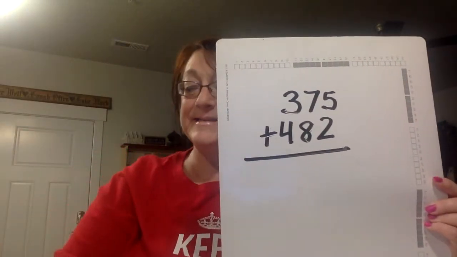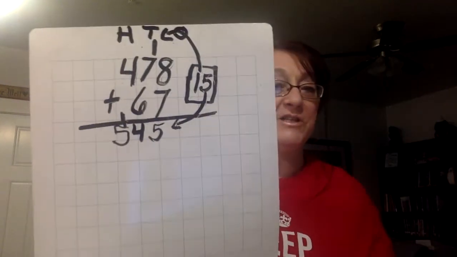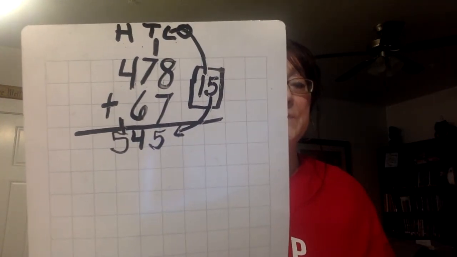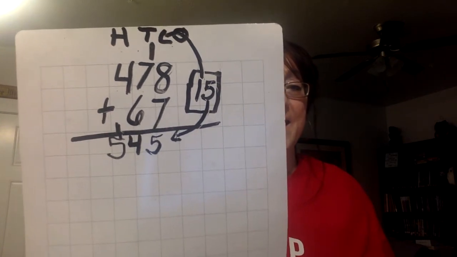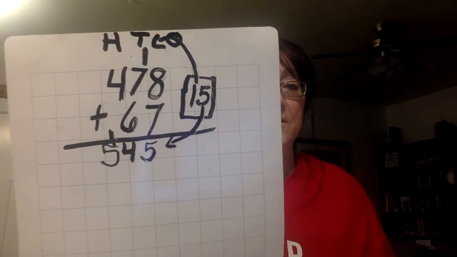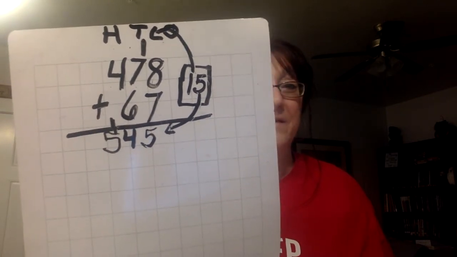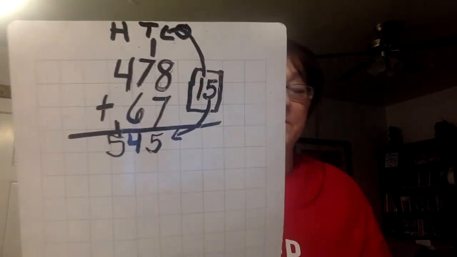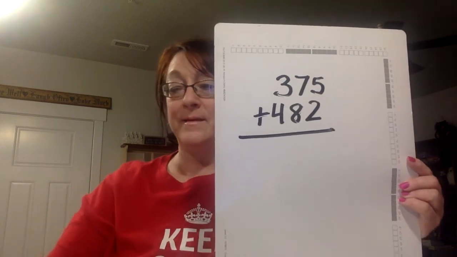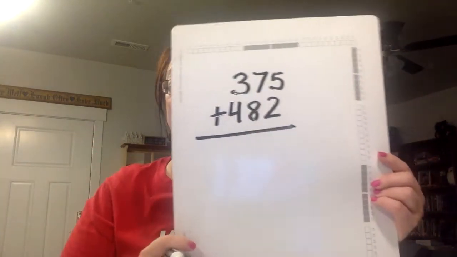The rest you can do the way that I prefer, which is this way, which is new groups above or new groups below, where we just carry that new 10 or the new 100 straight over. It's faster. I like using it a lot better, and I bet even your moms and dads probably would think that. But I still want to give this other method to you just because it helps some of you see the place value more.